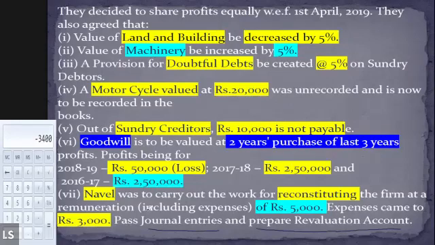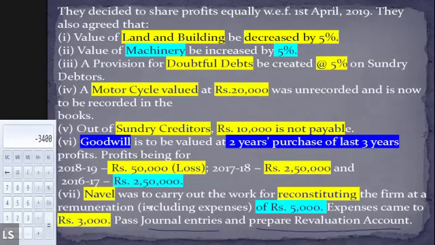So tell me, if the value of the land and building is decreasing by 5%, is there a profit due to such decrease, or is there going to be a loss due to such reduction in the value of the land and building? Loss. And since it is going to be a loss, which account will be debited?